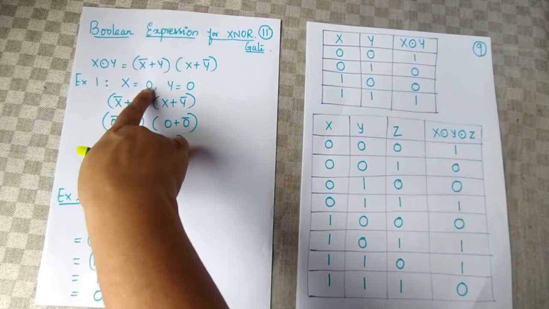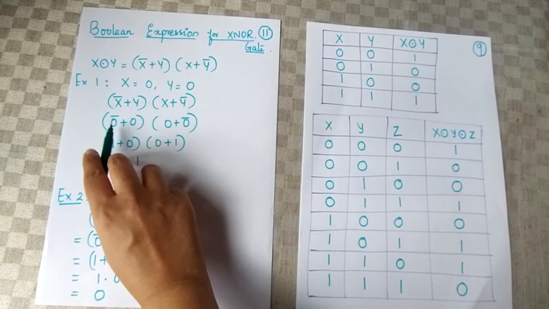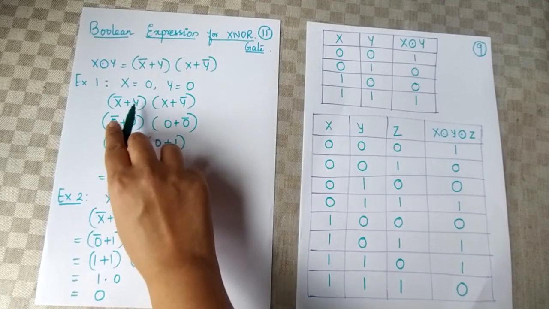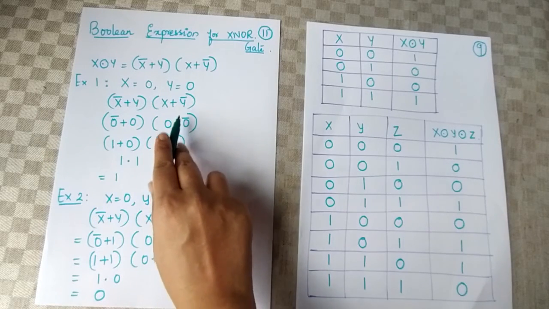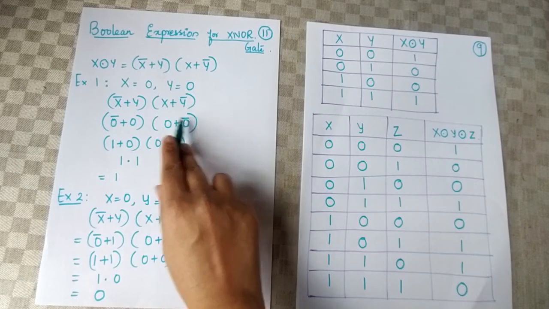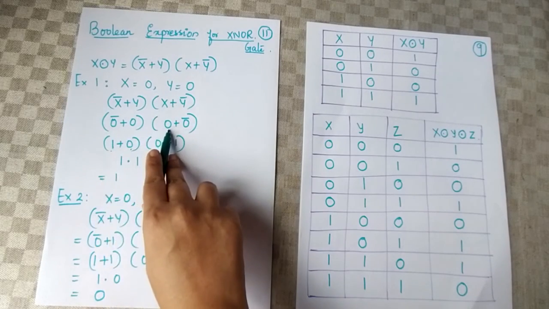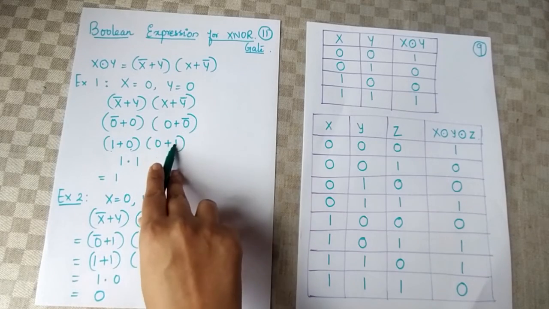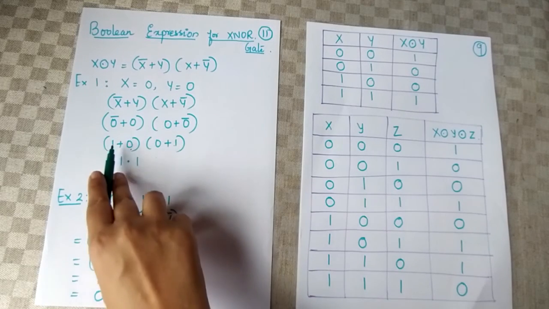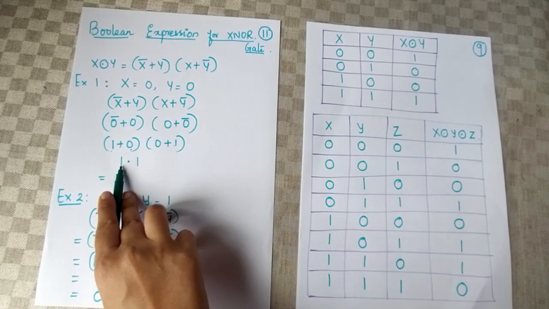Replace the values. X is 0, so replace 0 here, it becomes 0 complement plus y is 0. X is 0 plus y complement, so 0 complement. 0 complement is 1 plus 0. 0 as it is, 0 complement is 1.